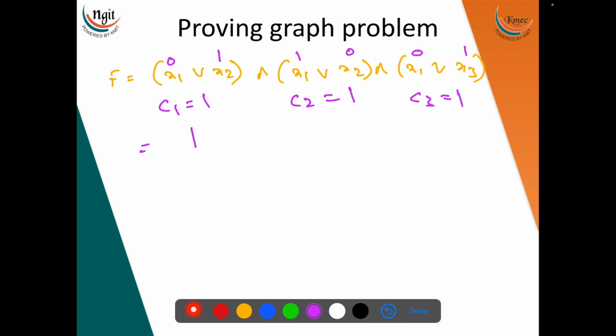What is true? That the satisfiability problem is NP-hard and is reduced to the clique decision problem. So it is true that the clique decision problem belongs to NP-hard. Please remember this point very carefully: all the NP-hard decision problems we deal with here are NP-complete.